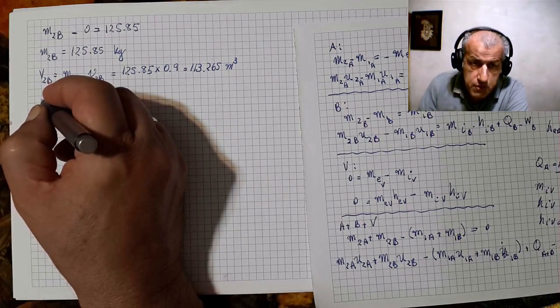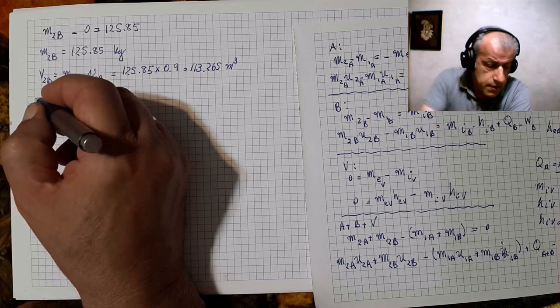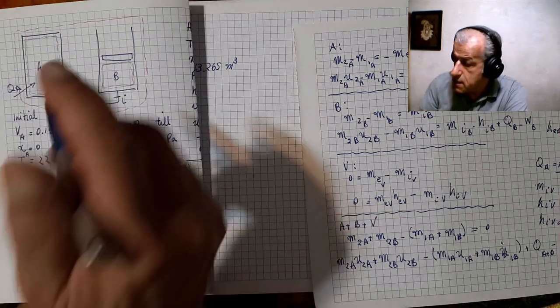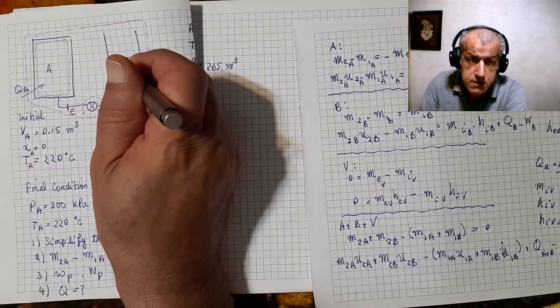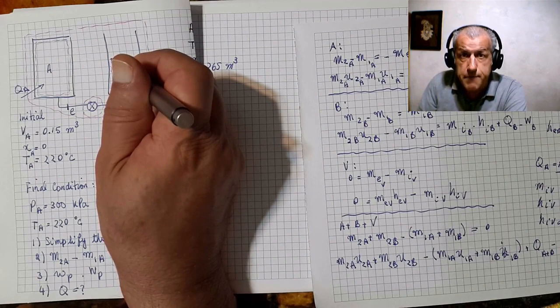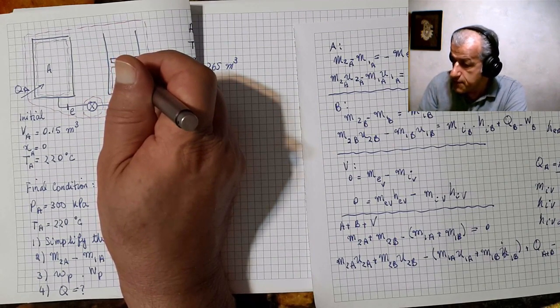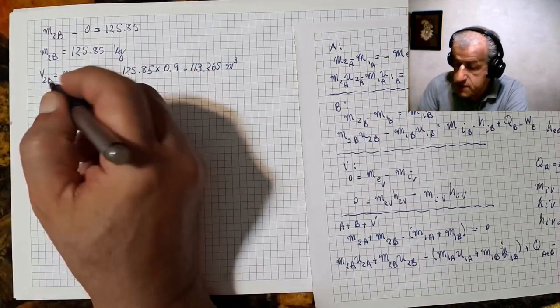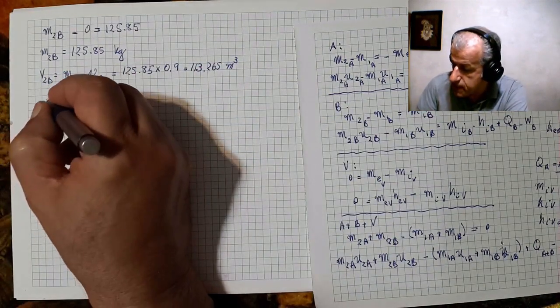Now, we are in a good position to calculate work. Work is a moving boundary work. The pressure is constant because the mass of the piston is constant, and therefore it is a constant pressure process as far as the work is concerned.